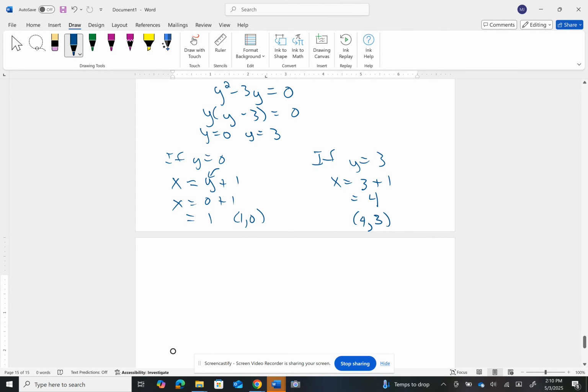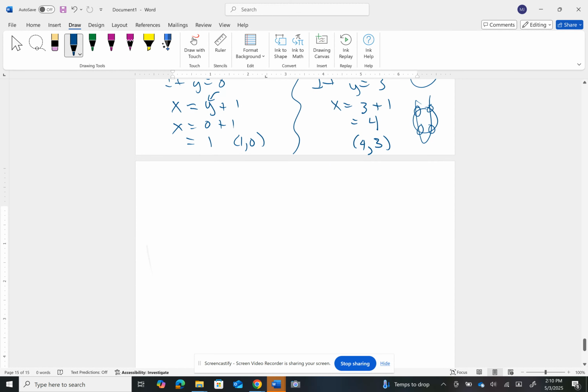Remember, on these nonlinear systems, you might have a parabola and a line, or a circle and a parabola, and things could have 4 points of intersection. So you just have to keep your work organized and make sure you're getting both the x and the y for each point. Then another objective said to graph the solution set of the system of inequalities.